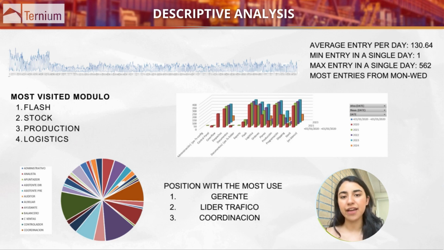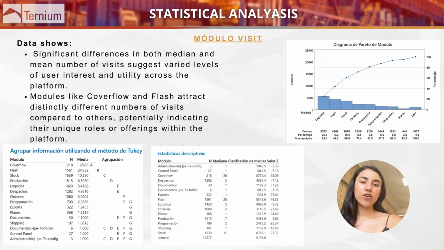and the users that had the most interaction on the dashboards and on these modules were the manager, the traffic leader, and the coordinator. For our indicator of module visit, we conducted several different tests to compare if the means and the medians were the same throughout the usage. Significant differences were found, and it suggested that the users have many levels of interest in the different modules.